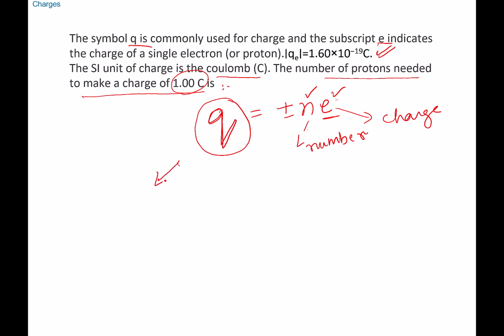Q is the total charge, which is 1 Coulomb, and we have to find N, while Q_E, where E represents the charge of 1 proton or 1 electron, is equivalent to 1.6 × 10^-19 coulombs.